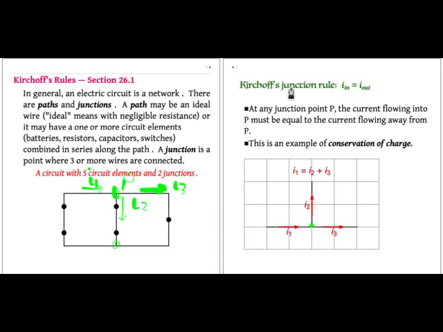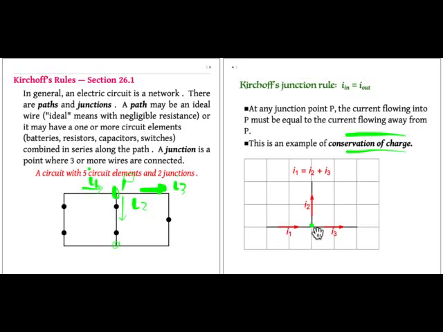Now, why is the junction rule true? Well, it's an example of conservation of charge. Electric charge is conserved. That's a universal conservation law of nature. Charge is neither created nor destroyed. It's constant.